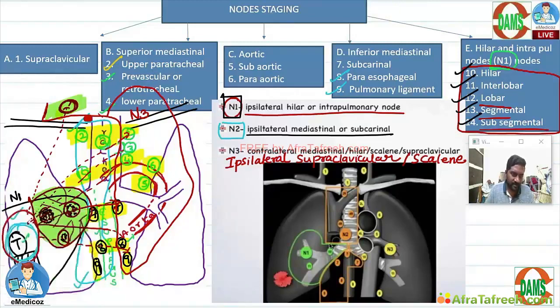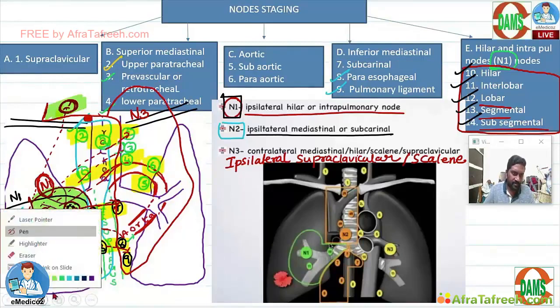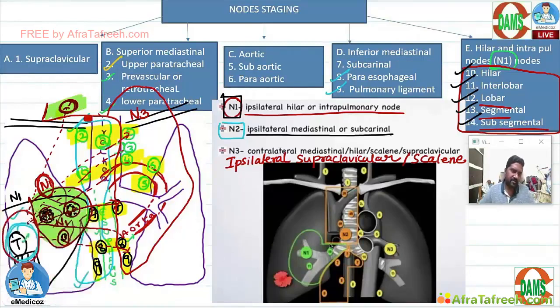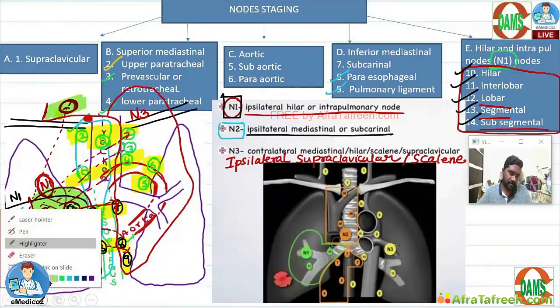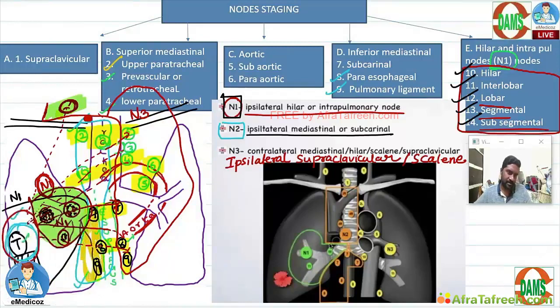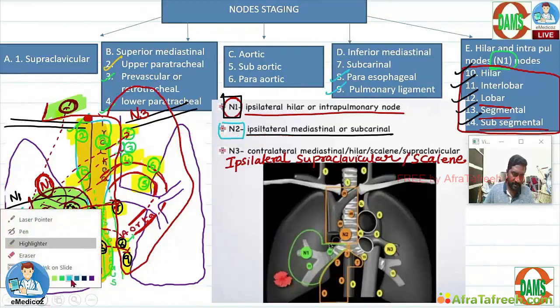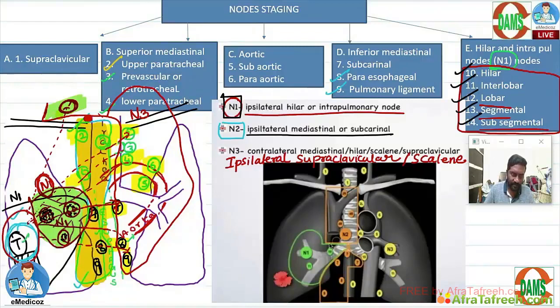If the tumor is involving ipsilateral mediastinal, subcarinal lymph nodes on the same side, so tumor is on the right, and right side mediastinal and subcarinal lymph nodes are involved.